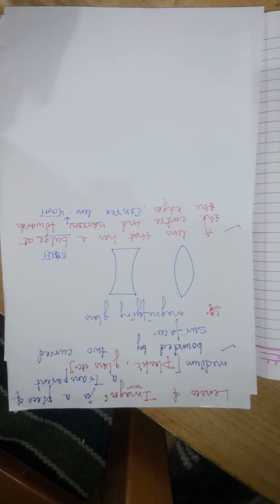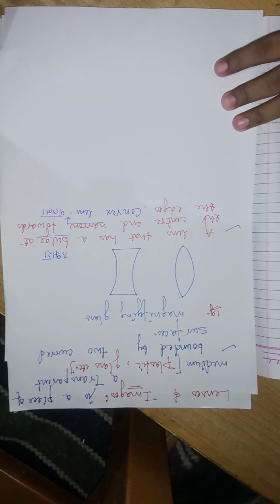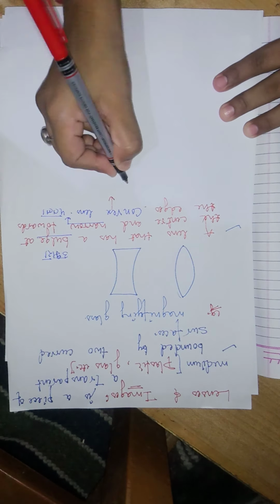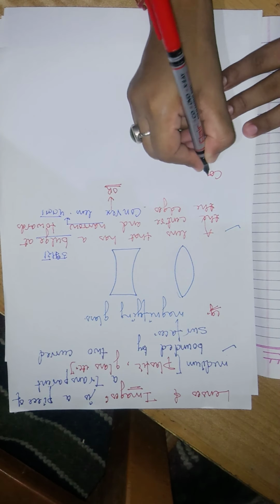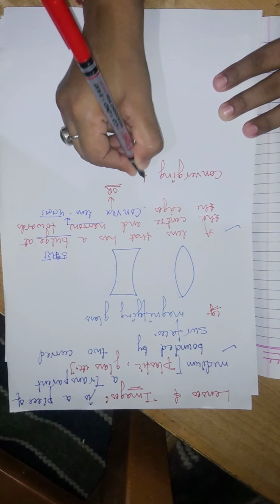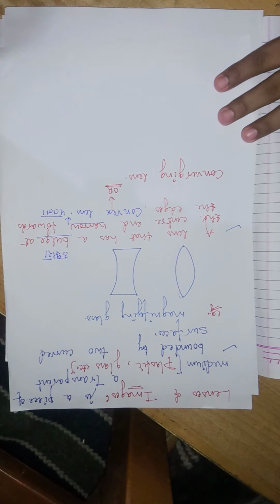Also, these convex lenses have another name. These lenses are also known as the converging lenses. Why?